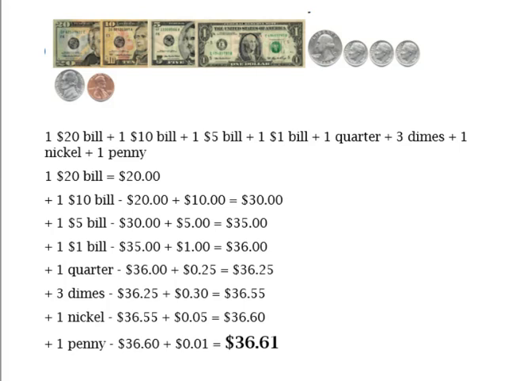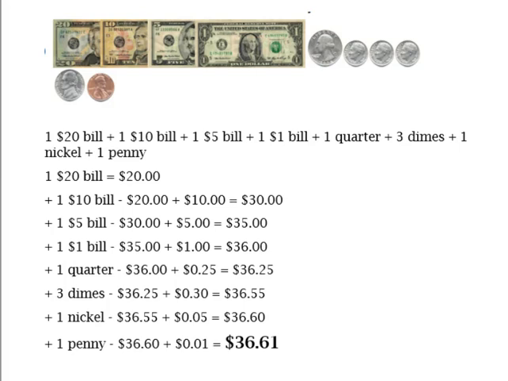Again, we said there's one $20 bill, which is equal to $20, plus one $10 bill, that equals $30. When we add a $5 bill, our total comes to $35. Plus $1 bill is equal to $36, plus 1 quarter, our total is $36.25.